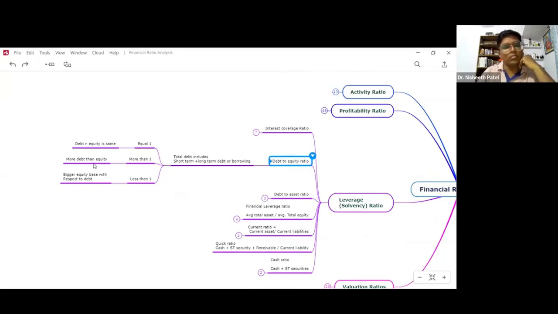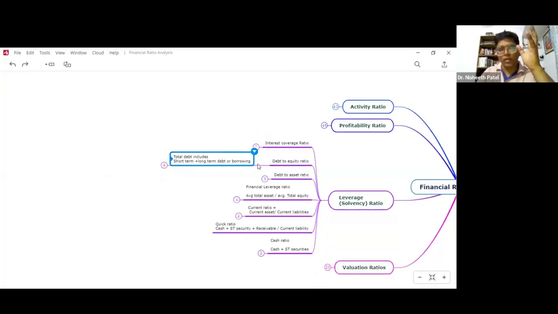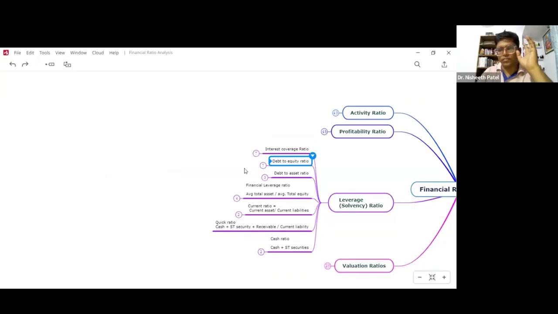More than 1 है, कंपनी has more debt, कंपनी ने लोन ज्यादा लिया है इक्विटी के हिसाब से. आपको मान लो कि आपके पास 100 रुपए ही है, लेकिन आपने किसी बैंक से 200 रुपए का लोन ले लिया, आपके पास तो 100 रुपए ही, आप भरेंगे कैसे? वो भी आपको सोचना पड़ेगा ना. So this is more than 1, and the bigger equity base with respect to debt is less than 1. So ideally debt to equity ratio should be less than 1. कंपनी का जो डेप्ट है वो इक्विटी से कम ही होना चाहिए.